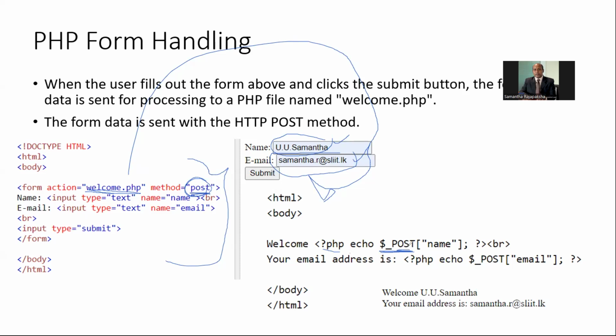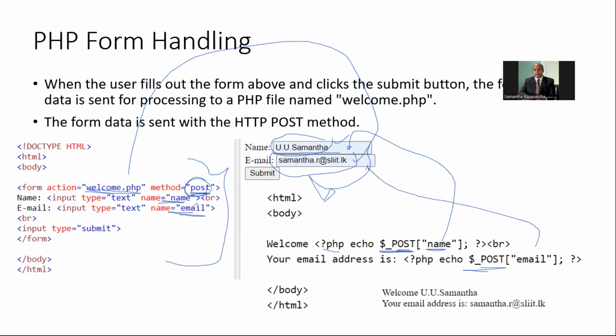Then this will get the value of the variable name. Name is the one we have given here, this one. That one represents the value inside the text box. And the email address you can get using the same $_POST email. Email is this one, because that is the one I have given for the email.